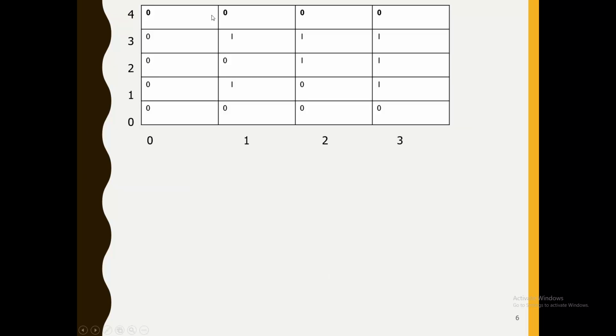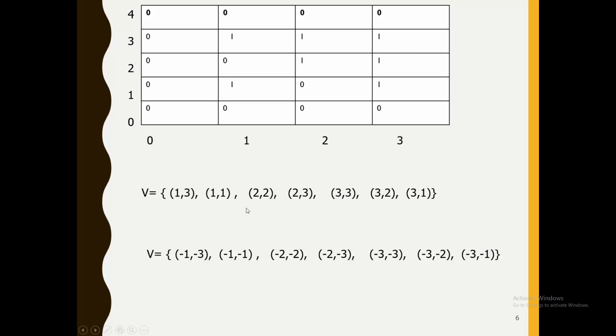For example, we consider the same V. This is an image where 1 corresponds to foreground and 0 corresponds to background. So V consists of the spatial locations where there is a 1. Now if we want a reflection, what do we have to do? W is equal to minus v.